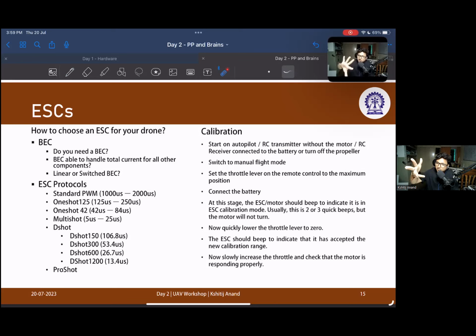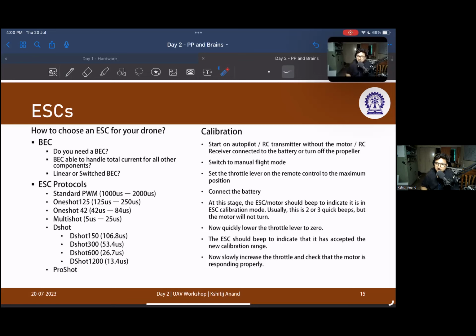If you want to do an acrobatic turn with a conventional or cheap ESC, you won't be able to, because that ESC won't send signals to the motor quickly enough. The drone will take the turn and fall down, or lose a lot of height, because it also has to sustain height. So you need an ESC which uses a faster protocol. All the protocols listed from top to bottom are increasing in speed, or their latency reduces.